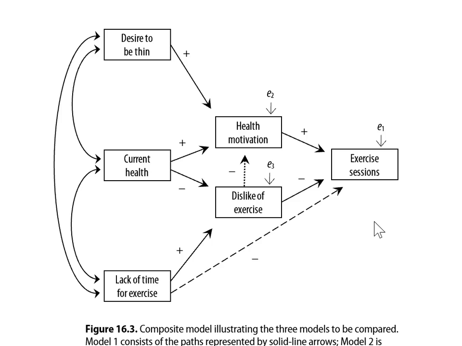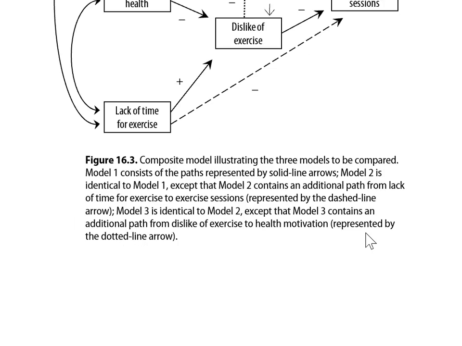That's because Model 1 is basically a simpler version of Model 2. You begin with Model 2 that has all of these arrows, including the dashed line arrow. That's Model 2. If you got rid of the dashed line arrow, you'd be left with Model 1. That tells you Model 1 must be nested within Model 2. That's what we mean by models being nested within one another.